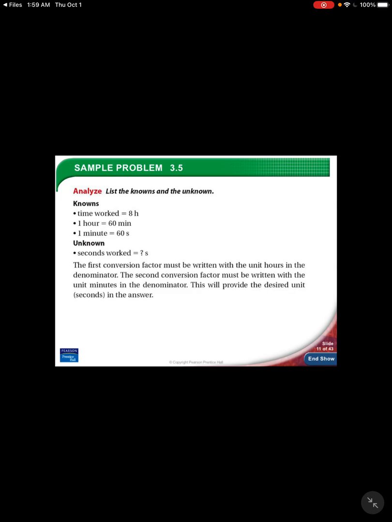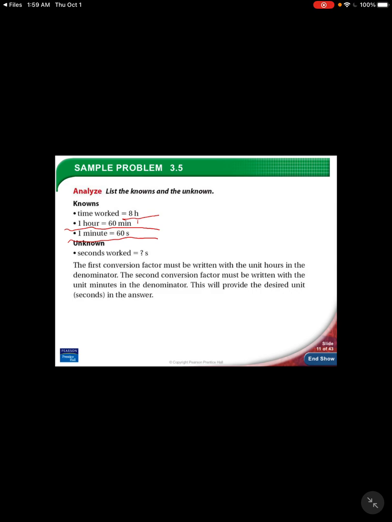Let's look at an example: how many seconds are in a workday that lasts exactly 8 hours? Well, if we have 8 hours and we want to convert that to seconds, I don't know how many seconds are in an hour, but I do know that there are 60 seconds in a minute and 60 minutes in an hour. So I'm going to have to do my dimensional analysis in several steps.